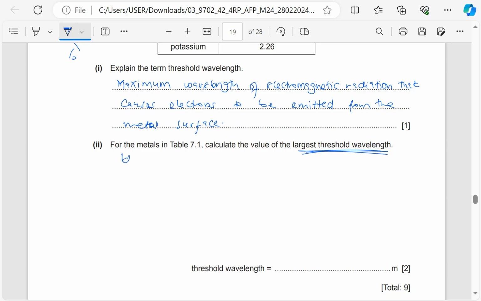Because we know that the work function energy, which I normally prefer to write as phi, is equal to h times f naught, which is hc over lambda naught. We want the largest wavelength, which should correspond to the smallest work function. So lambda naught is going to be hc over phi, with phi the smallest. So this is going to be h.